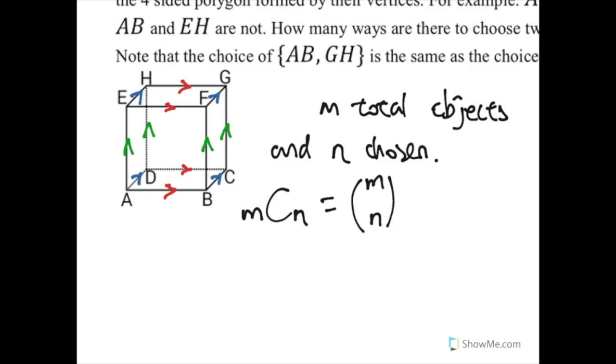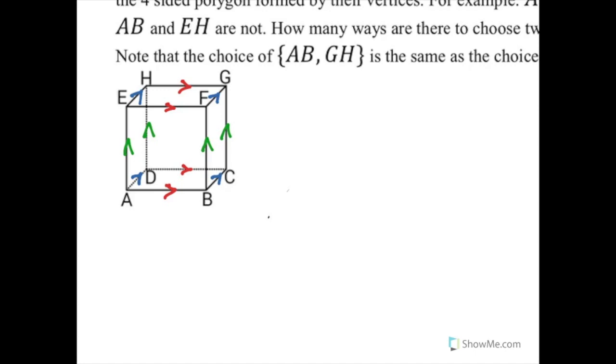And there are a few other ways to write it, but essentially they all mean the same thing. We want to choose n objects from m total objects, and order does not matter. There is a formula for this, which I'll talk about later on, but even without the knowledge of this, it is still really easy to count how many pairs of lines we have over here.